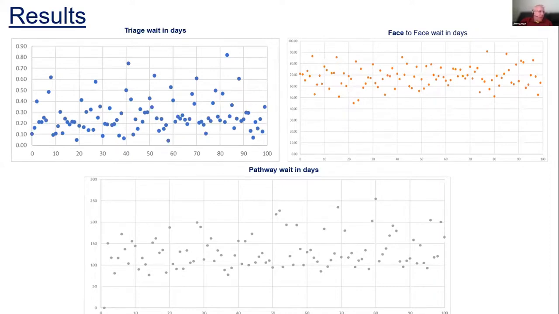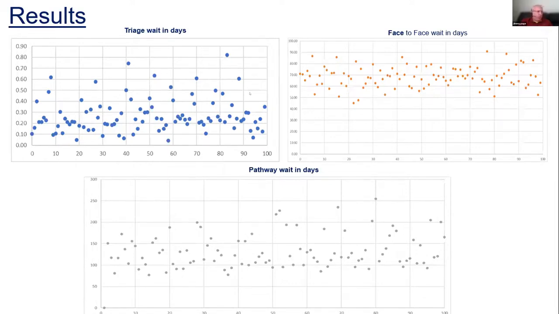But as you can see, a 70-day wait to get a face-to-face isn't really meeting the 2-week wait, and some of those face-to-faces obviously will be after we've done the initial first test.